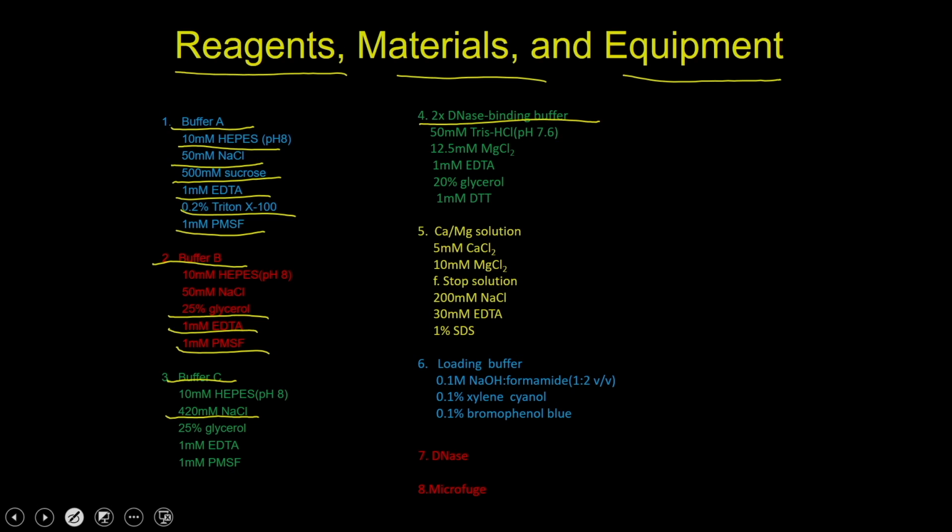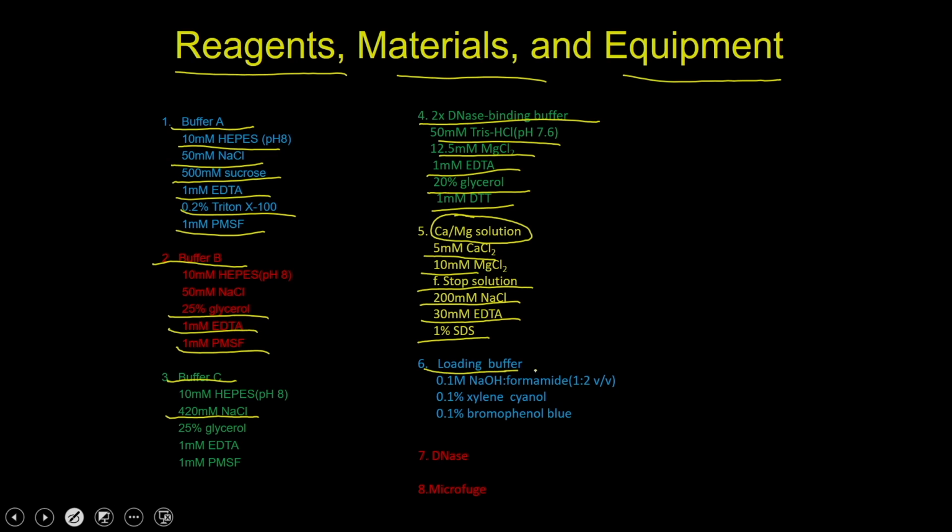That contains the DTT, glycerol, EDTA, MgCl2 and Tris HCl pH 7.6, and then you require the calcium and magnesium solutions, which is 5 millimolar calcium and 10 millimolar magnesium chloride. Then you require the stop solution, which is 200 millimolar NaCl, 30 millimolar EDTA and 1% SDS.